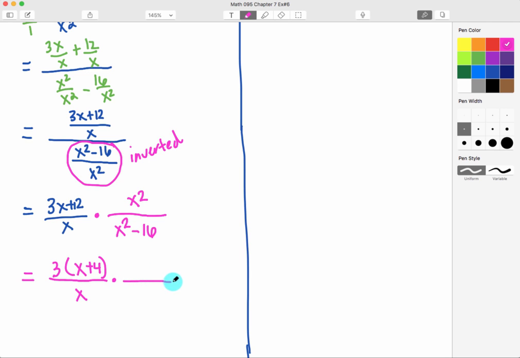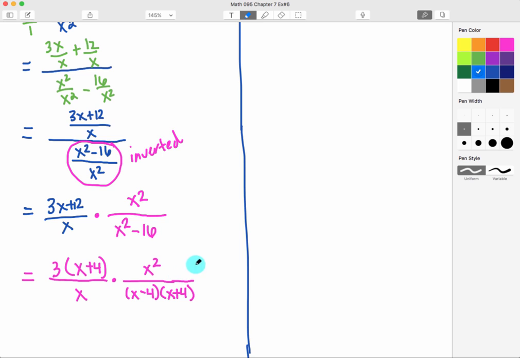Now on to the second fraction. X squared is already factored, but x squared minus 16, that's a difference of squares. X minus 4 times x plus 4. So 4 times 4 makes 16, and I have 1 plus and 1 minus sign.